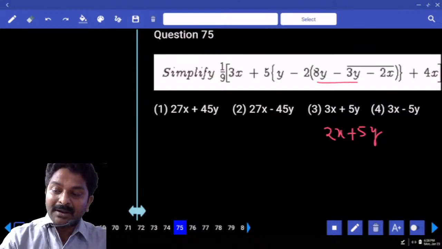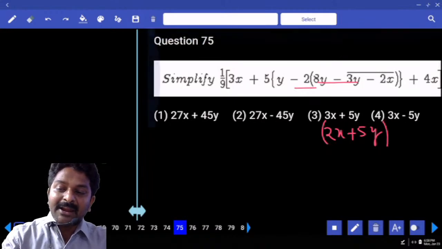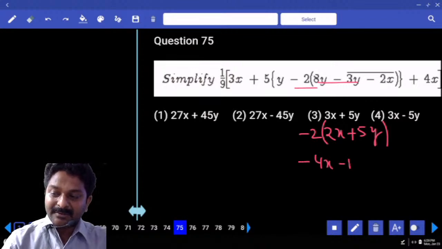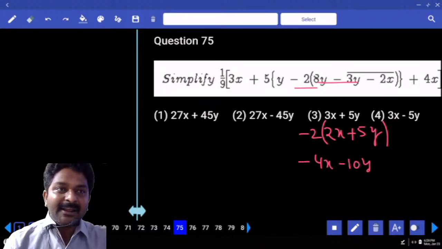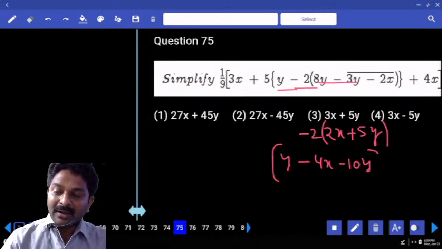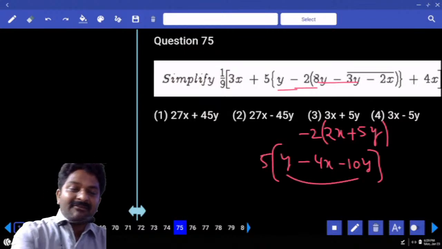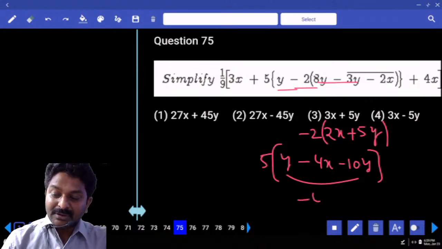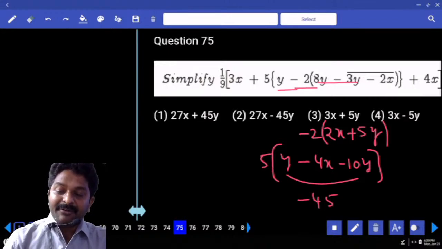And outside the bracket you have minus 2. That is minus 4x minus 10y. Before that you have y, and then 5 times of it. y minus 10y, minus 9y. 5 times, minus 45. 5 times of 4x, minus 20x.